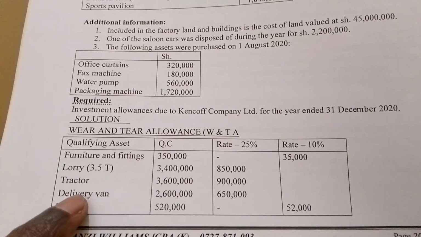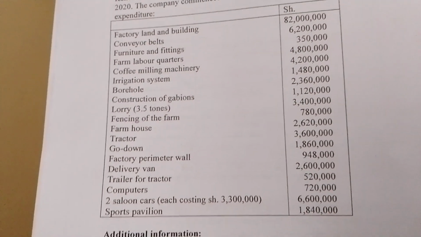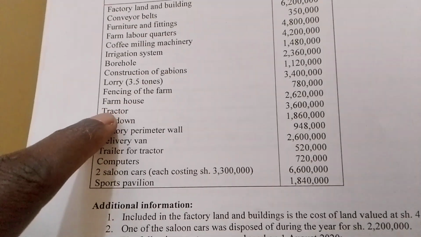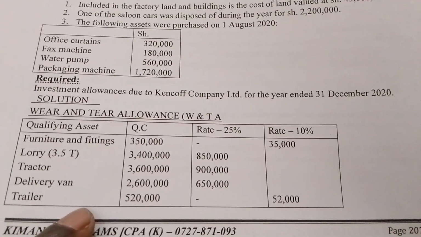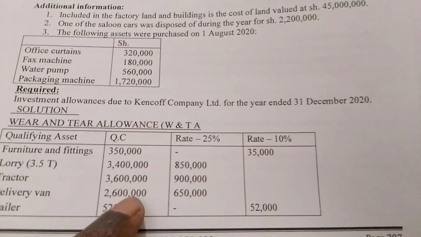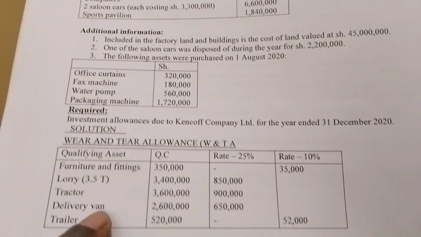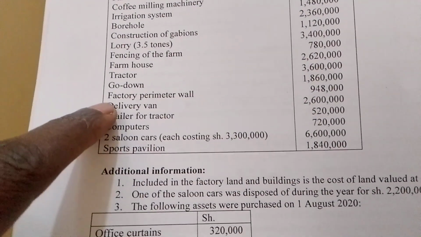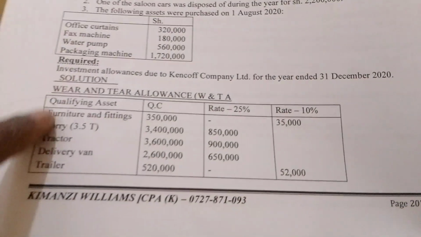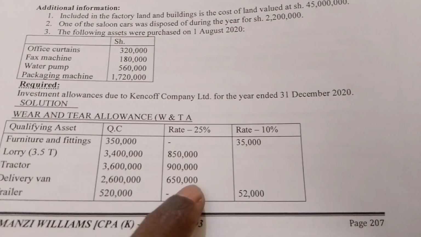Tractor, you can see the tractor here. This tractor goes for the cost of 3.6 million, 25% of that. Delivery van, which is here, 2.6 million goes to 25%.